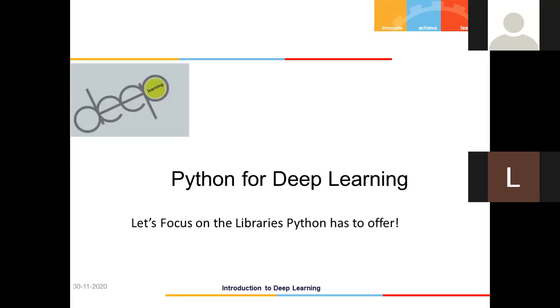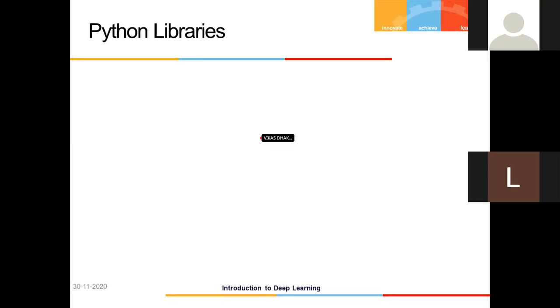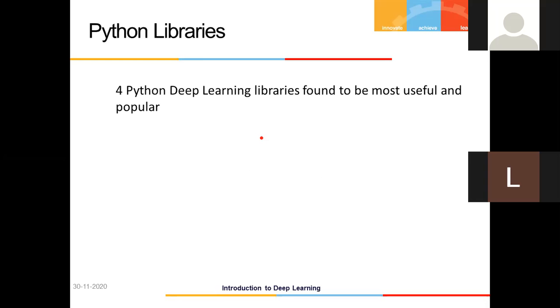Now we'll see Python. Many people are using R also, but Python has very good libraries, so for deep learning, Python is used. Now we'll see what libraries it has. We have four deep learning libraries which are found to be very useful and popular.